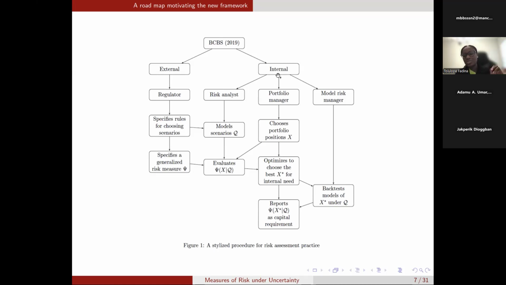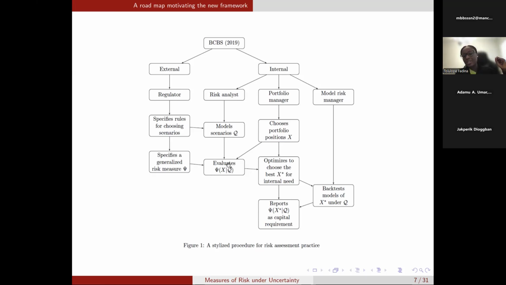Now, the financial institution has three main players: the risk analyst, the portfolio manager, and the model risk manager. The risk analyst is the one that collects the information from the regulator, and then they model their scenario. Now, the portfolio manager will give the risk analyst the portfolio, the position X, and then the risk analyst is going to evaluate the risk measure using the information from the regulator and the portfolio from the portfolio manager.